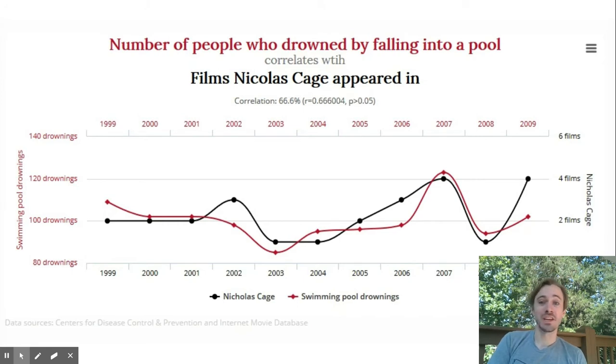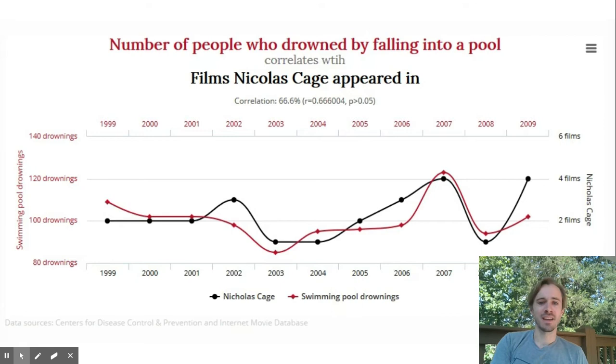Pretty strong correlation between the two. Does that mean one causes the other? No, of course not. I'm not even going to ask the question. They aren't related at all. There's not even some other third thing causing these. It just means that by chance, again, we perceive order in random events. These are two random events that happen to be correlated. It doesn't mean that there is causation.